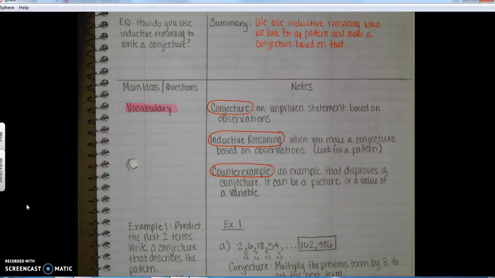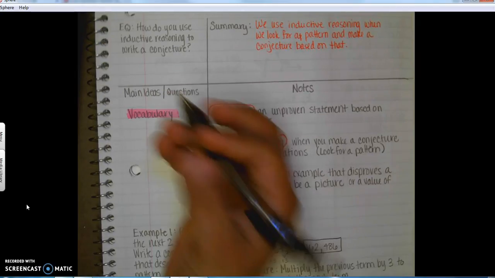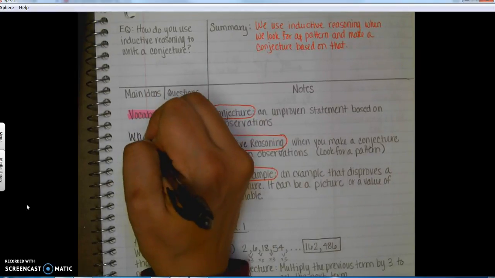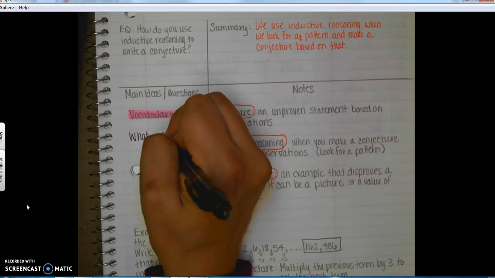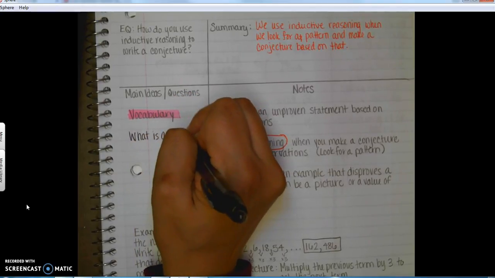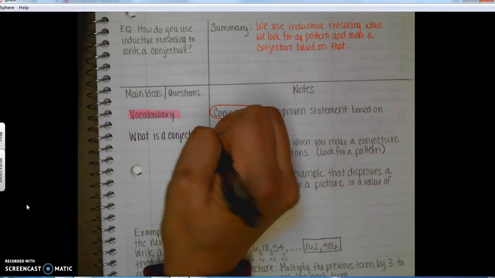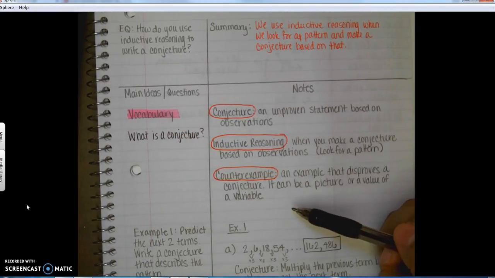Okay, and we have different levels. We have a level 1, a level 2, and a level 3 question. Sorry, it's the announcements going on. And so, for instance, I could say something like, what is a conjecture? That is a good study question that reflects something that's over here in the notes.